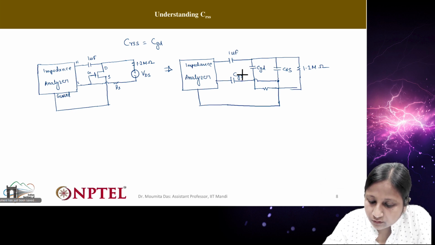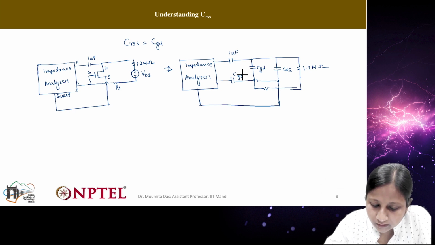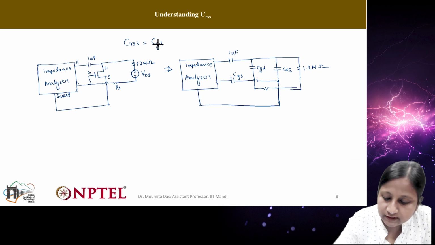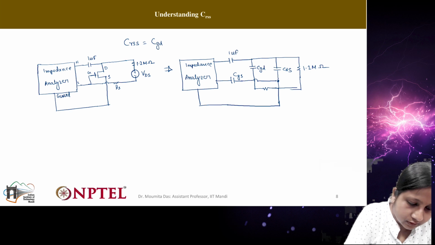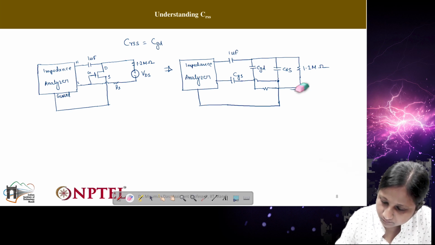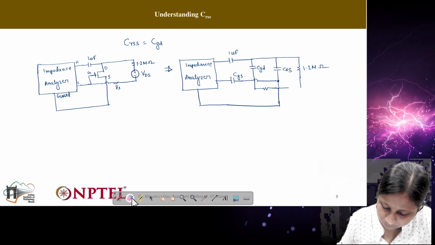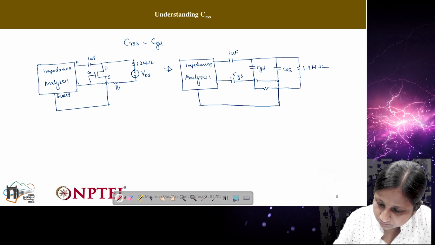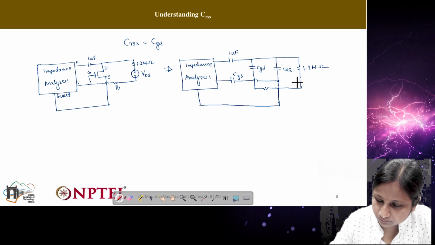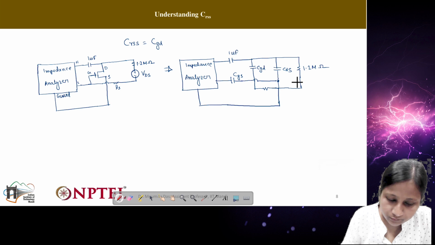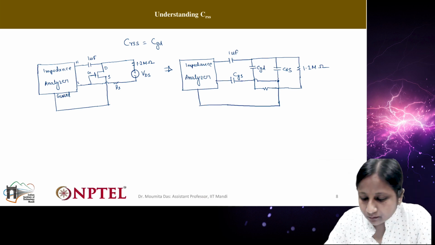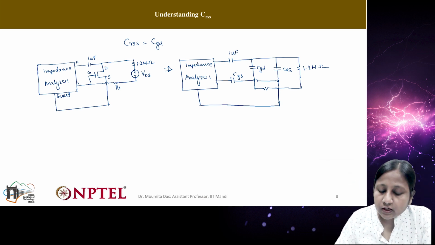So this is how the equivalent diagram will look like. Ultimately it will give us the value of CGD. Okay, so this is how the equivalent diagram will look like for this reverse capacitance.